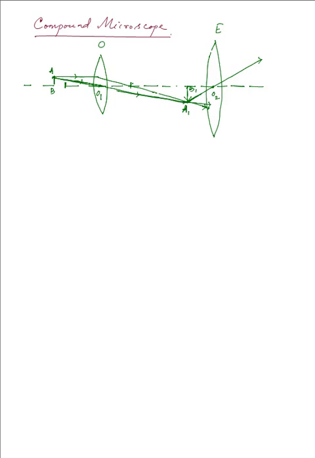A small manipulation that I'm going to do: I'm going to set the point where I'm supposed to get the image. Let that point be somewhere over here. And so I'm saying that the image is probably obtained over here. This is the least distance of distinct vision with respect to the given eyepiece.